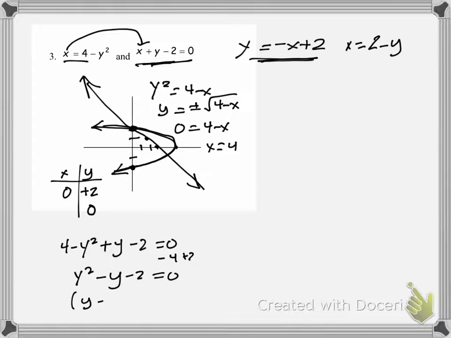So (y minus 2)(y plus 1), so y is equal to 2 and y equals negative 1. So this would be some x and negative 1. We don't really care about the x because we're doing left, right. And we already knew this was 0 too.